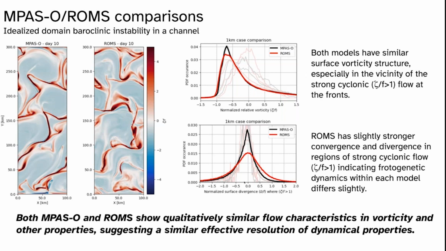And we can see that here MPAS-O has slightly more points near 0, meaning it doesn't have the variability that ROMS does in divergence. But still, qualitatively it's similar. But I think this is probably the biggest difference that we see, in the divergence field.